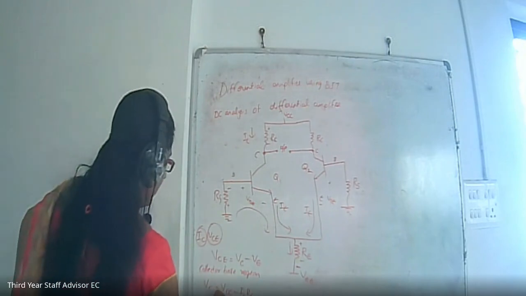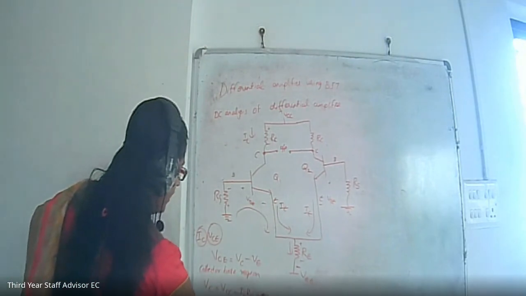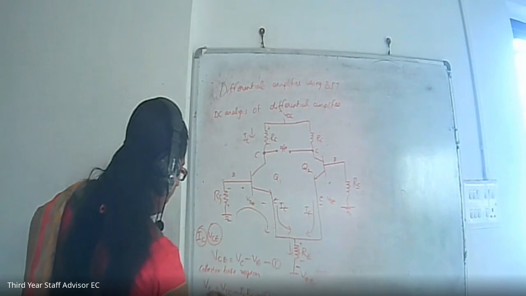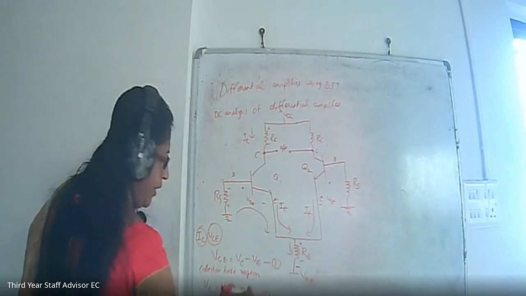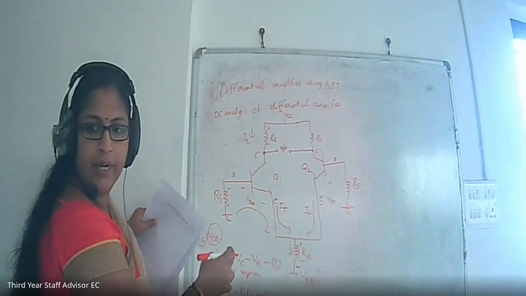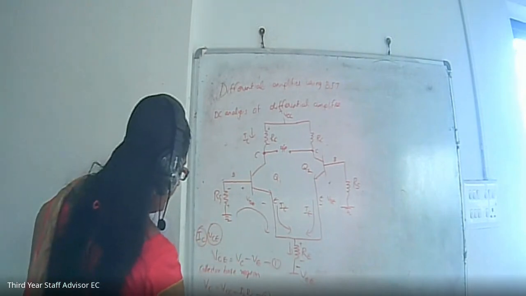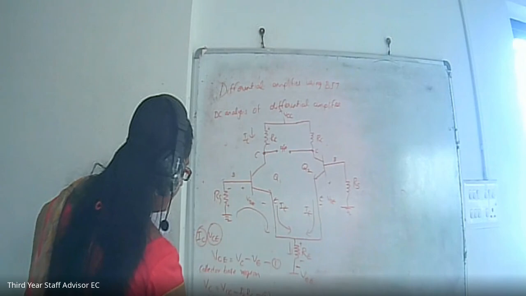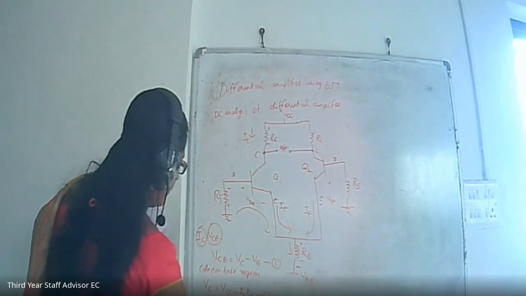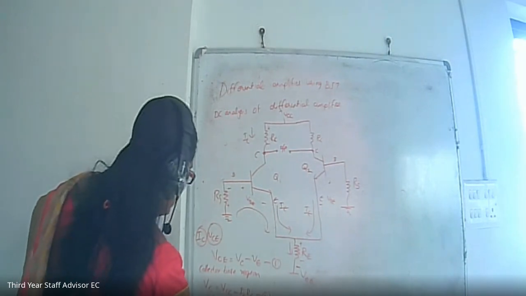Once we get this condition, if it is equation number 2 and equation number 1, then we can substitute equation number 2 in equation number 1. So VCE equal to VC minus VE. What is the VC value?